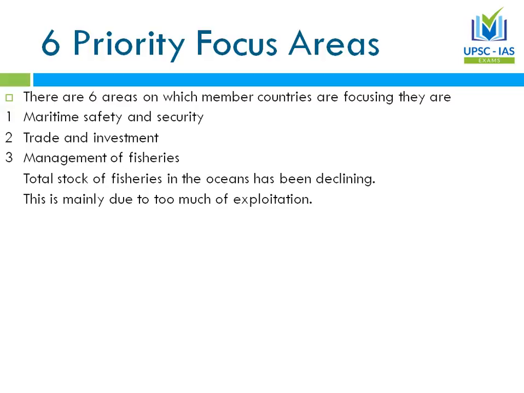And the bulk of fishes that we are catching has also increased. Our capacity has increased, and the way we are doing the whole operation, it is not sustainable. We are catching more fish than an ocean can support. So this is a huge issue.